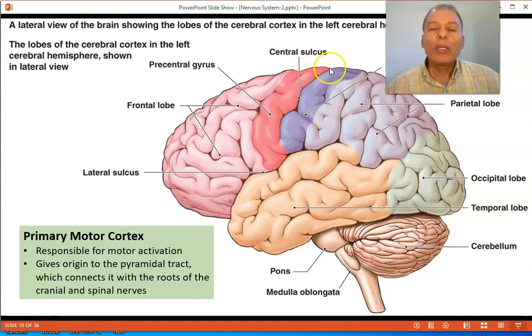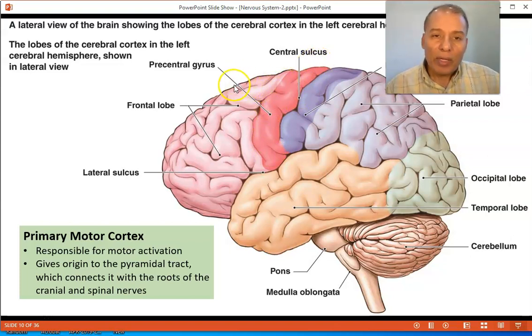So you look again at the central sulcus, or the Rolandic fissure, or the central fissure, whatever you call it. And here's that red area, the gyrus, called the motor cortex, also called the precentral gyrus.